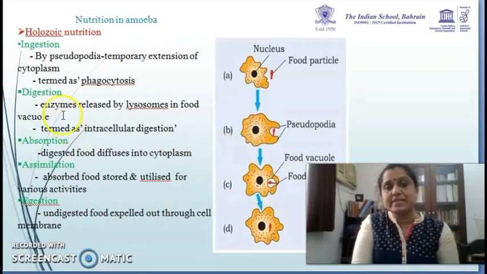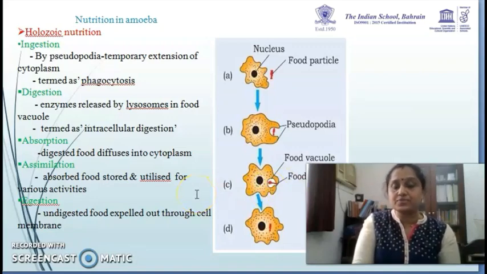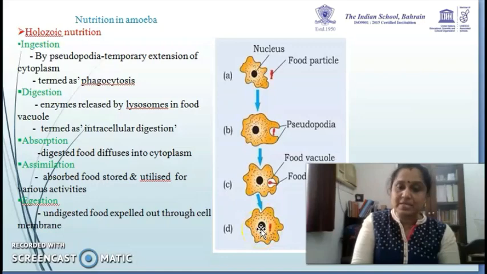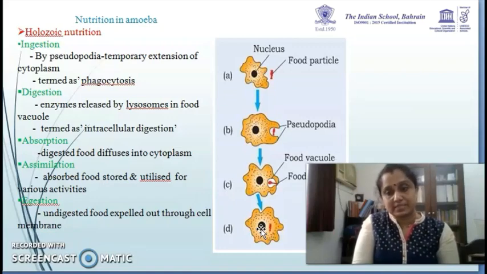Next step is digestion. Enzymes released by the lysosomes will reach the food vacuole and it digests the food materials into simpler form. Next step is absorption. These digested food materials will diffuse into the cytoplasm. And assimilation. From this absorbed food material, energy is utilized for various activities.